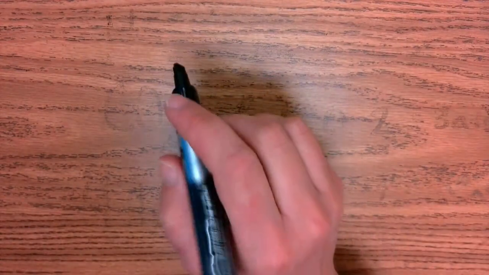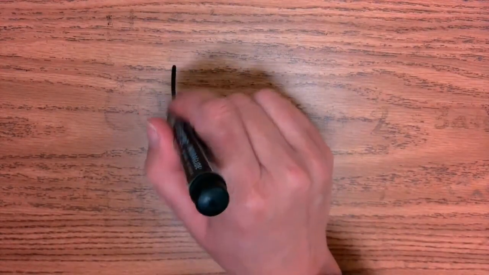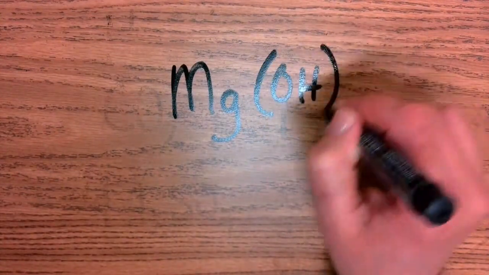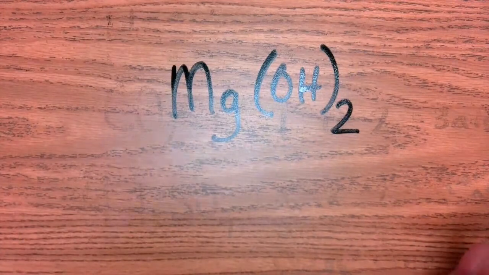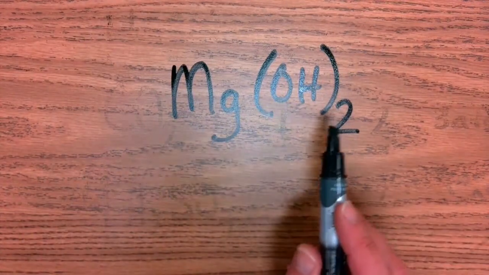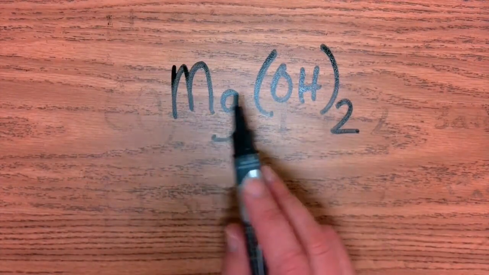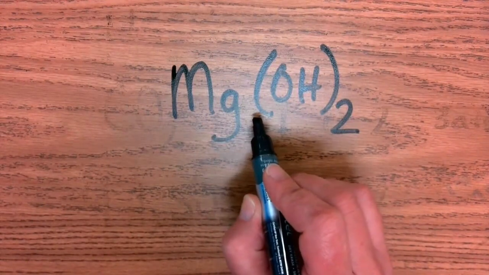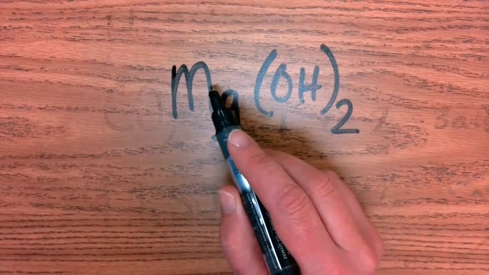Okay, so now sometimes you can see compounds that have part of their atoms within parentheses. For instance, magnesium hydroxide is Mg, and you notice that there's no subscript right here, which means I only have one Mg.